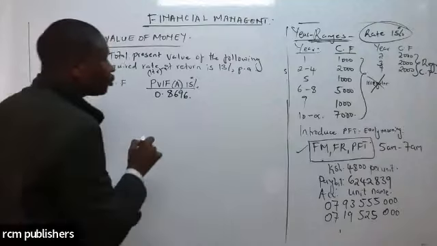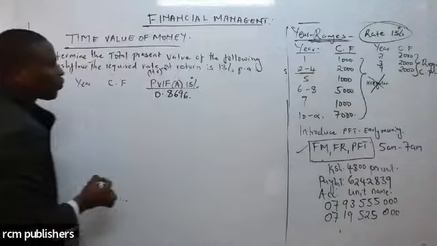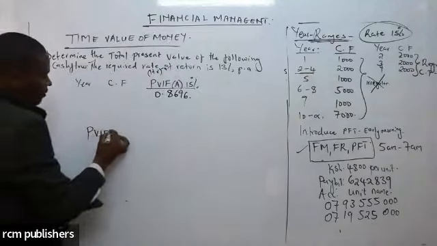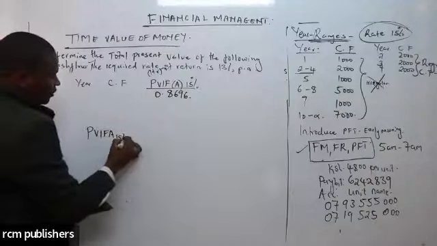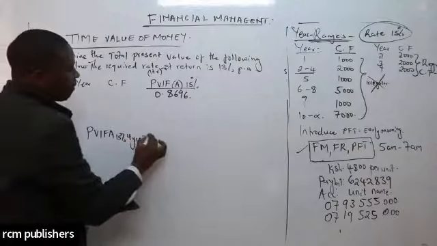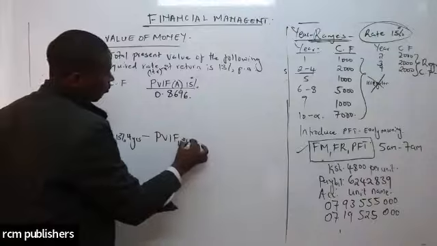Now, if you want to solve the PVFA for this range, year 2 to 4, this is what you'll do. You'll use the formula. You'll take PVFA 15%, 4 years, minus PVF 15%, 1 year.